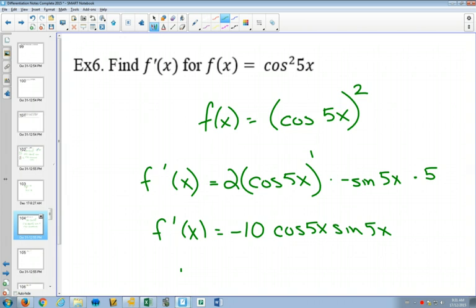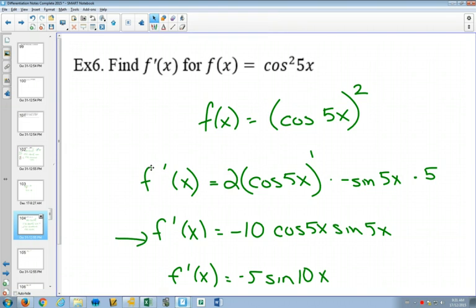So just for fun later on, see if you can see why that's equal to that. Be a nice show that question. Show that the derivative of cos squared 5x is negative 5 sine 10x. But this would be fine to leave your answer like this second last step.